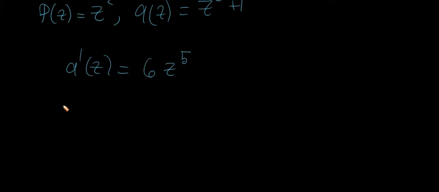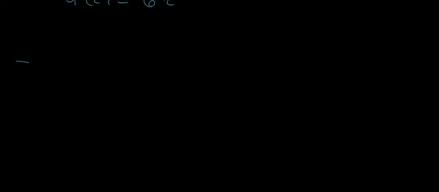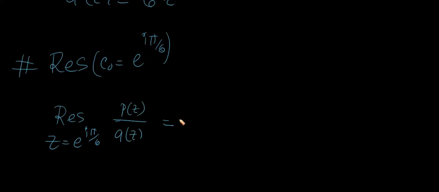Right? And we want to calculate residues for C0, C1 and C2. So first let's calculate the residue for C0, which is equal to e to the power iπ/6. So what was our idea 1? That the residue at z0, that is e to the power iπ/6, is simply P of e to the power iπ/6 over Q prime of e to the power iπ/6.